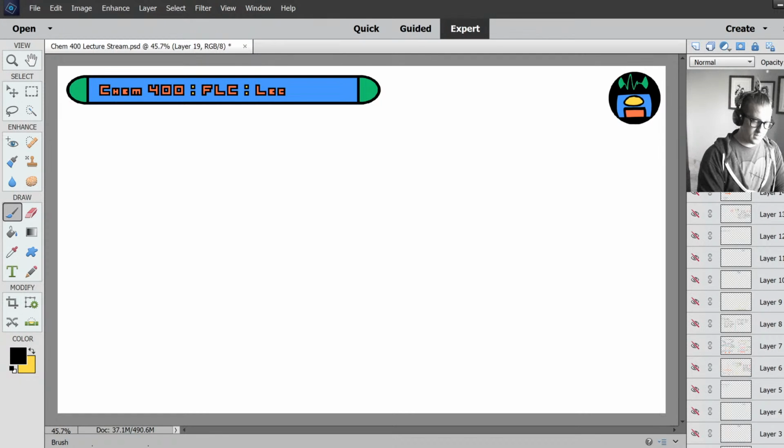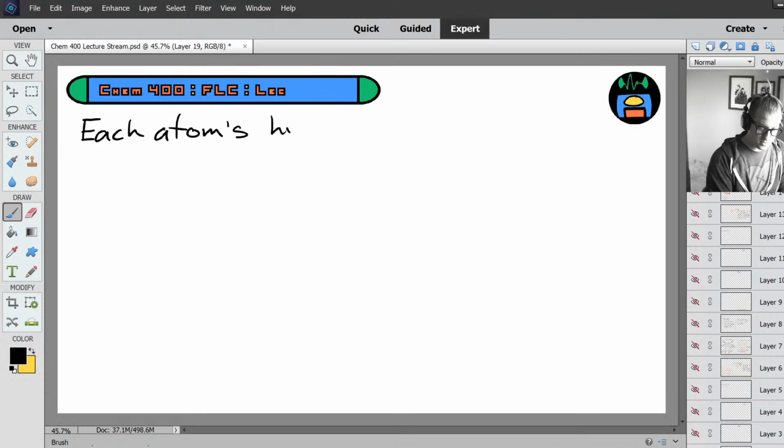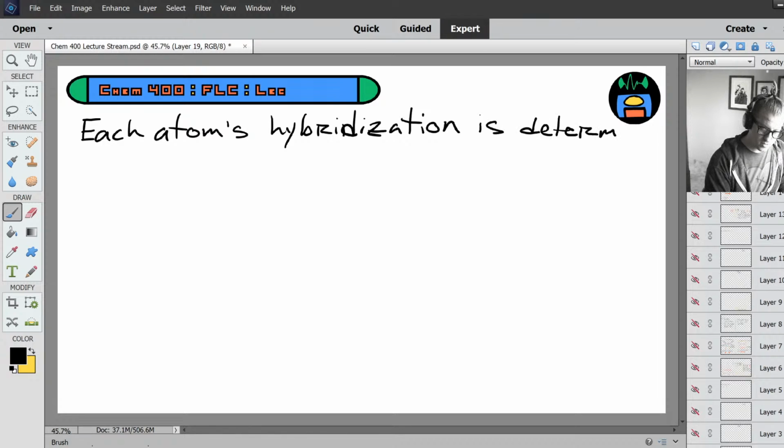And really what you want to remember is each atom's hybridization is determined by its electronic geometry.